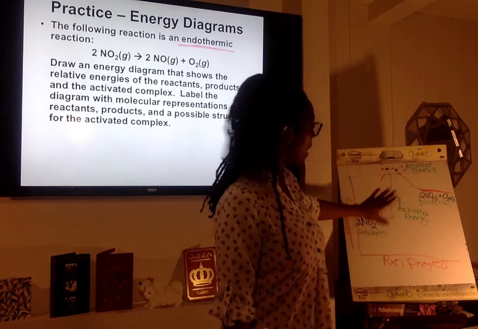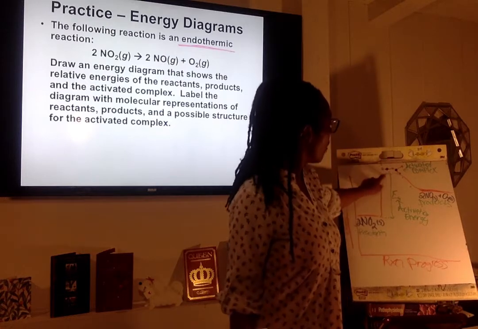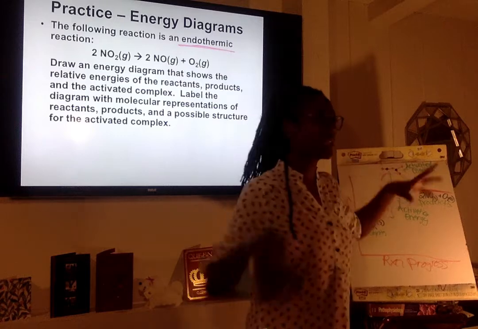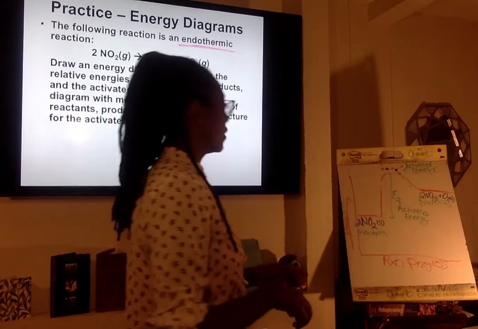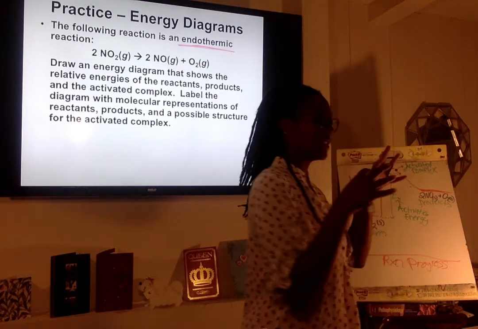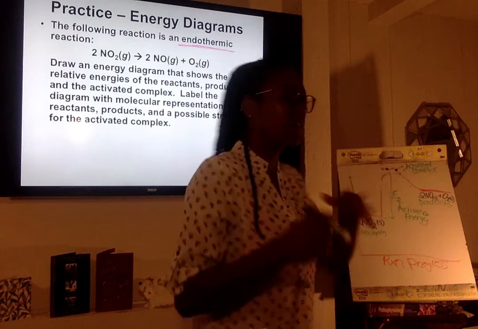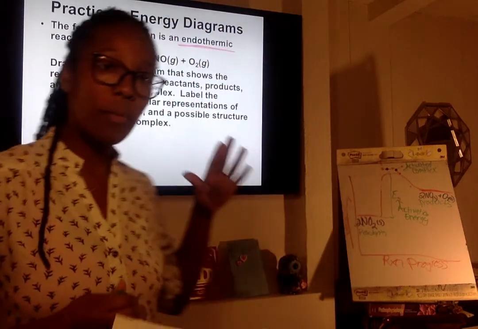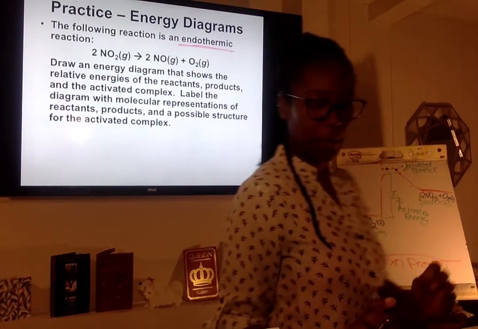The difference between those is the activation energy, and at the very top of the chart is the activated complex. It's the amount of energy you need for this reaction to take place. Now it's all together, so the reaction will take place, okay? Hopefully that all made sense. Okay, let's keep going.